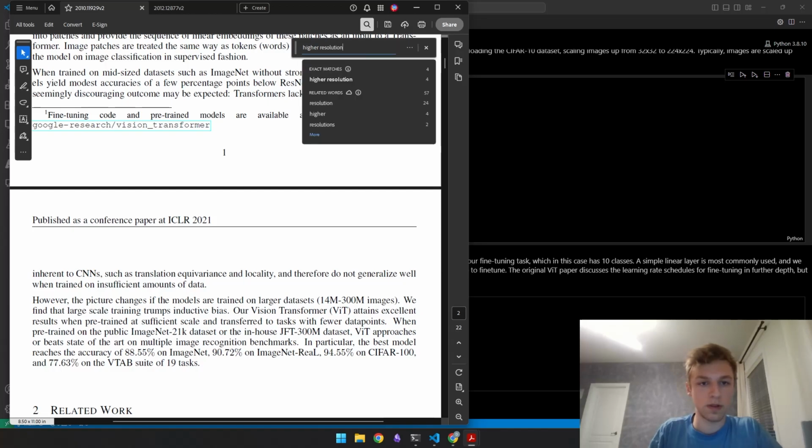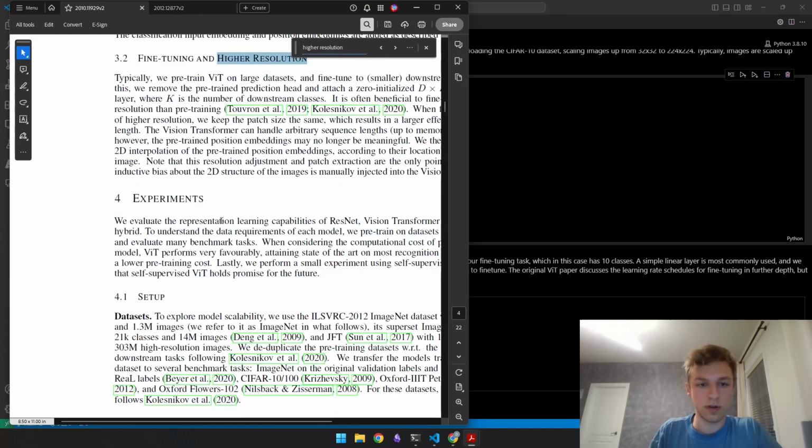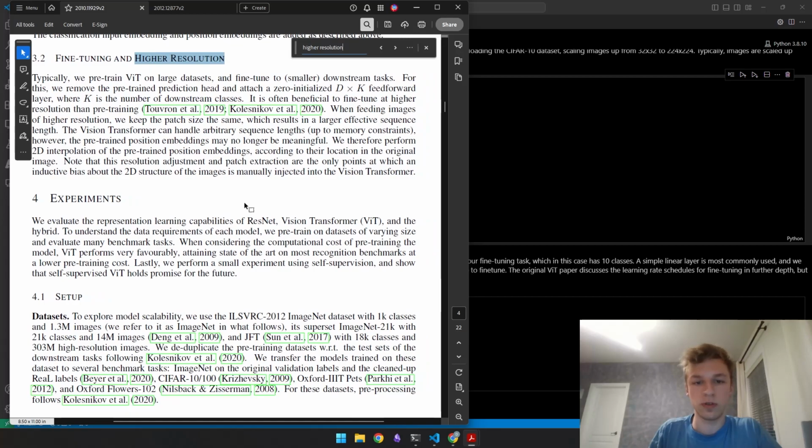The paper encourages fine-tuning at higher resolutions. Here they mention the vision transformer being able to handle arbitrary sequence lengths, but position embeddings may not be meaningful when we scale up the image to larger than the original input sizes, especially because we're keeping the patch sizes the same.